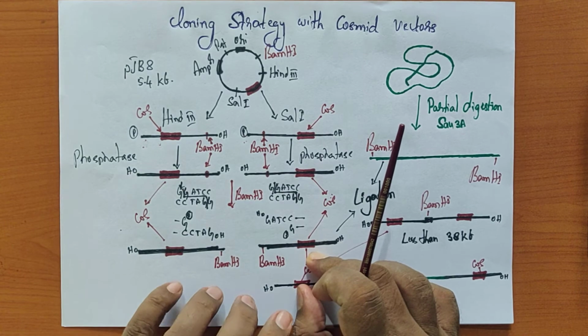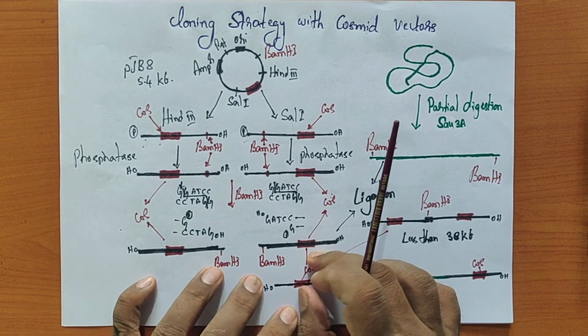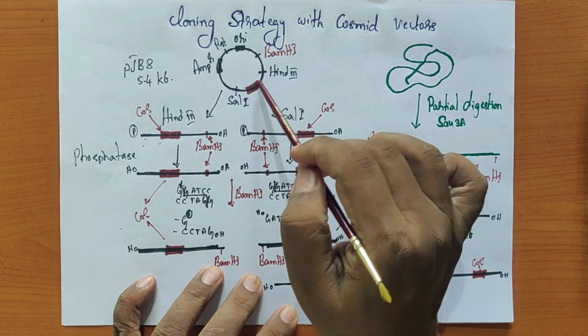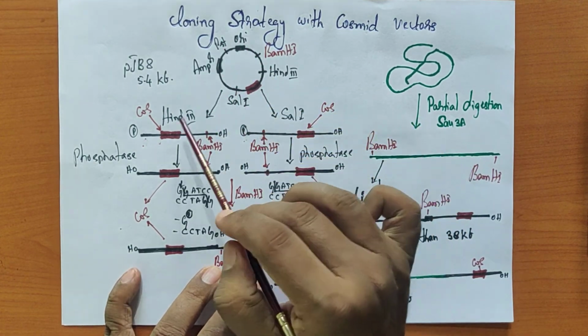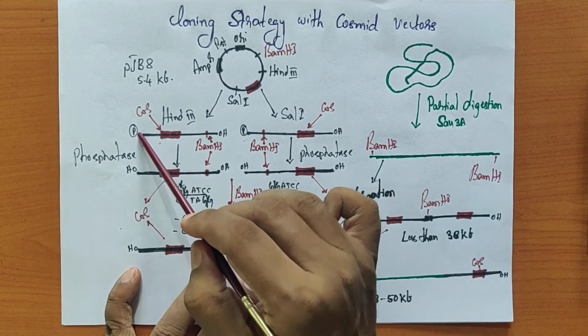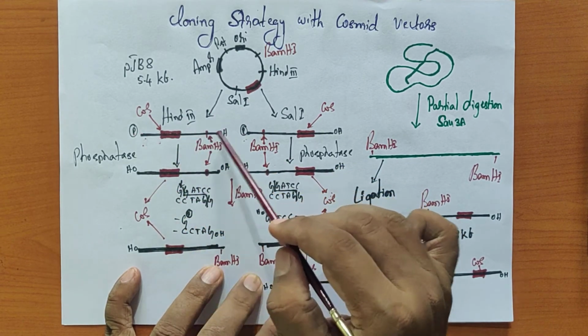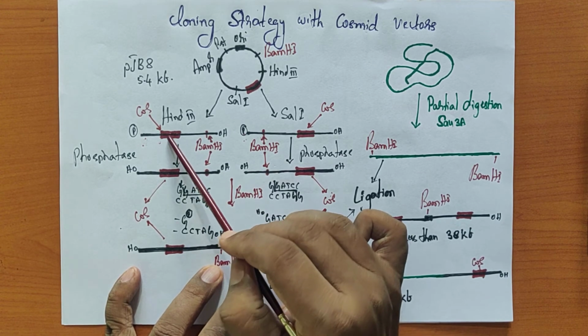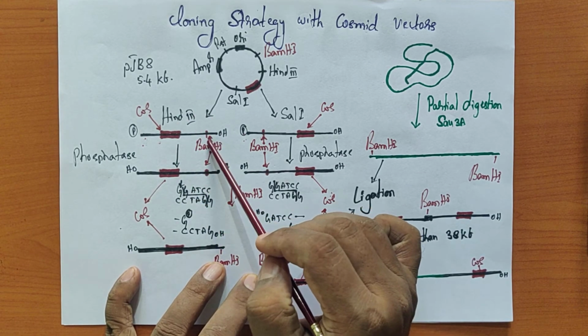Alright, to begin with, what do we do now? We set up one reaction. We take the plasmid and we digest with HindIII. So now HindIII cleaves here, and what we generate is a linearized plasmid; we have a cos site, and now there is a BamHI site.